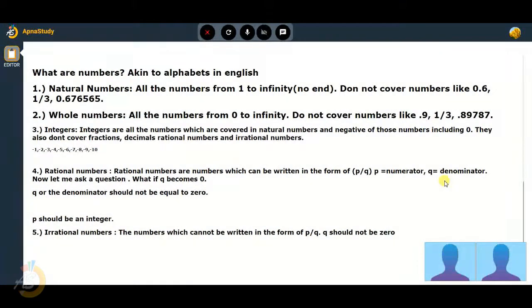Every number I have discussed above can be written as a rational number in the form of p upon q. So which are these irrational numbers? Where have they come from?